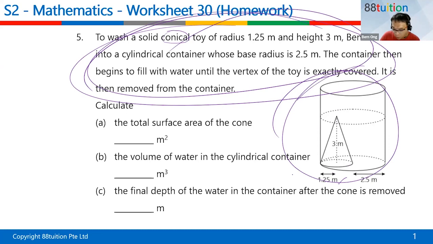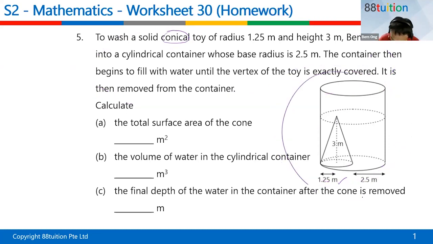Don't just immediately jump into the diagram, because down here got clues too. The height of the cone is 3 meter, is given. Ben lowers it into a cylinder container whose base radius is 2.5 meter.